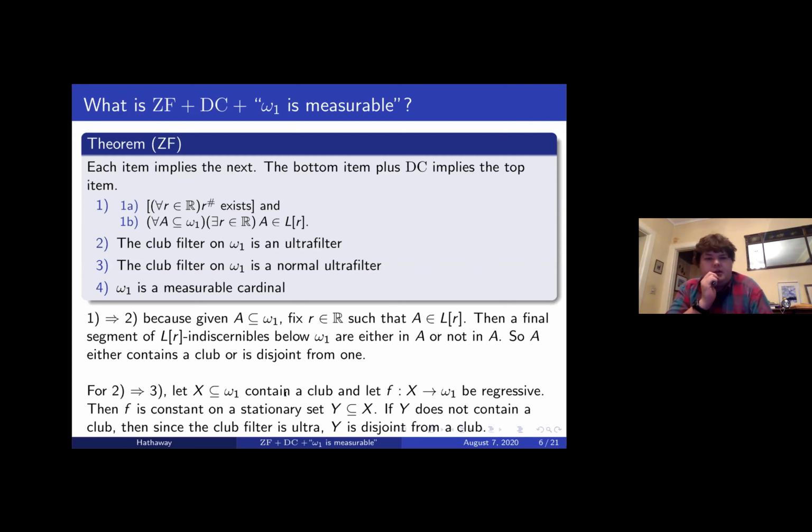All right, and then in fact, there was an old result which is not really valid. This was claimed about 40 years ago by Mitchell Spector, that you could force over L in order to get the club filter on omega 1 to be an ultrafilter.